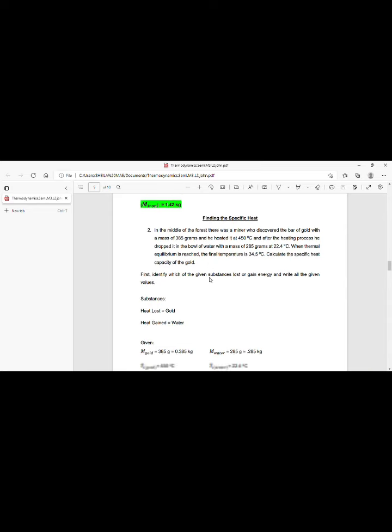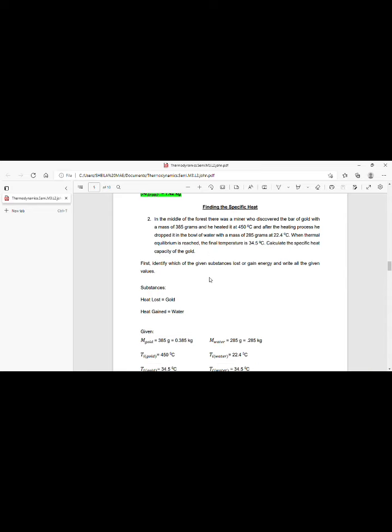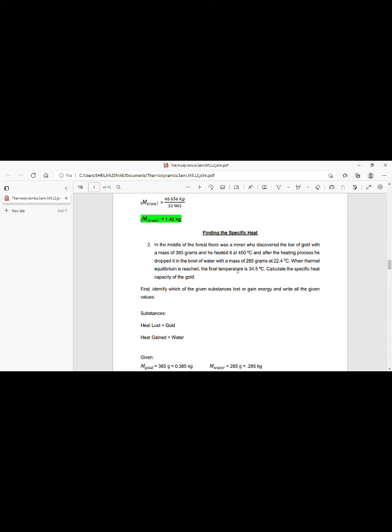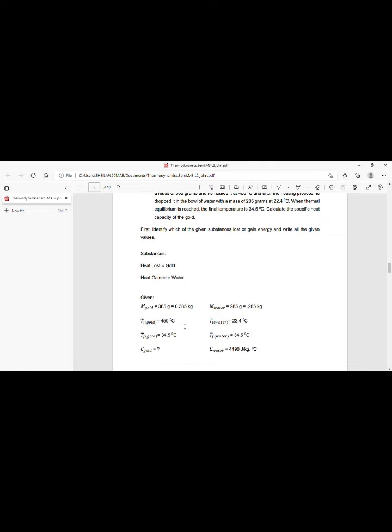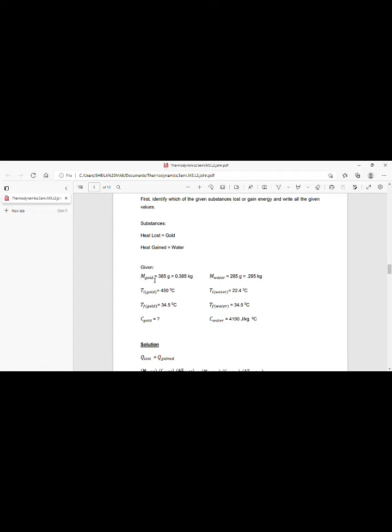So the missing here is the specific heat of the gold. We will be identifying first the given substances, the same as in problem number 1. The substances: the heat lost is the gold and the heat gain is the water. Given the mass of gold is 385 grams.